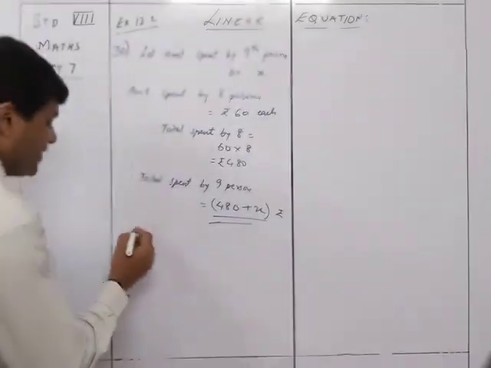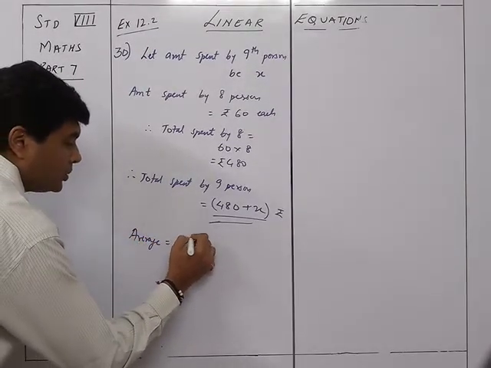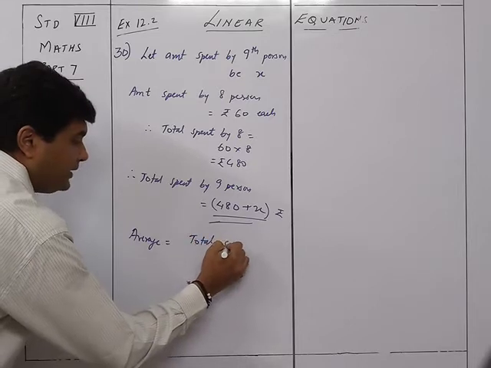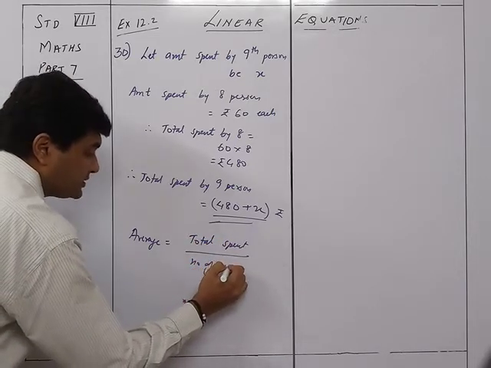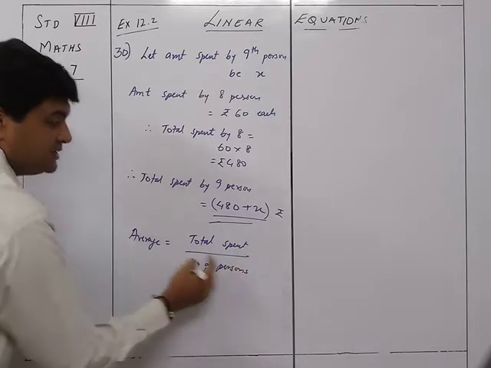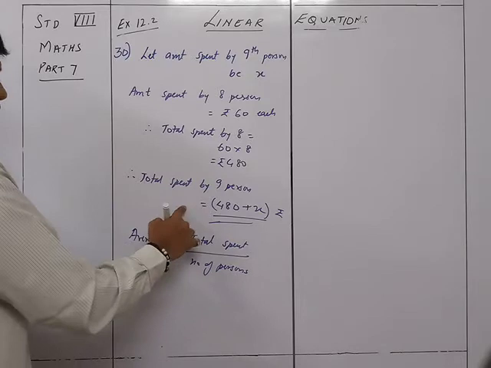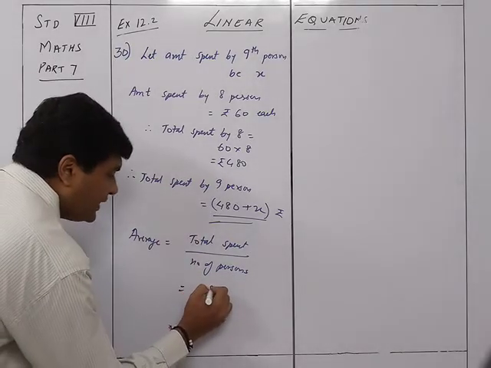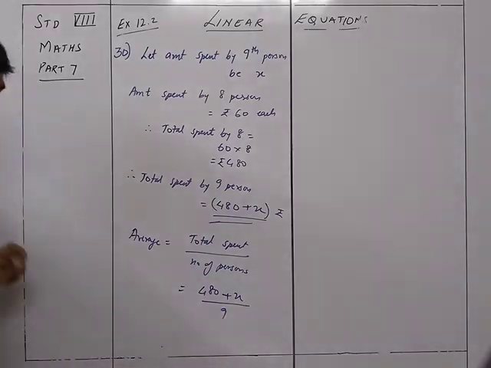Now I know the formula for average. What is average? Average is equal to total spent upon number of persons. That is sum of observations upon number of observations. Sum of observations is nothing but total spent. So that will be 480 plus x upon 9.